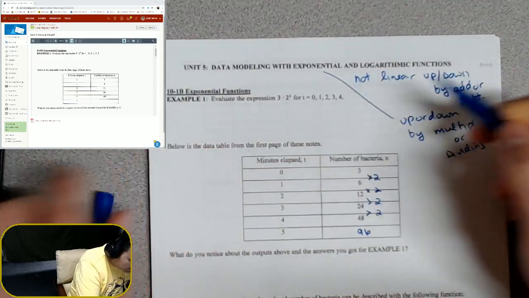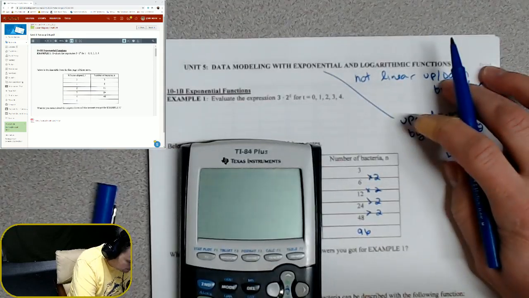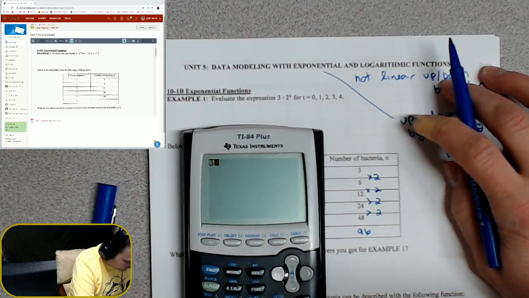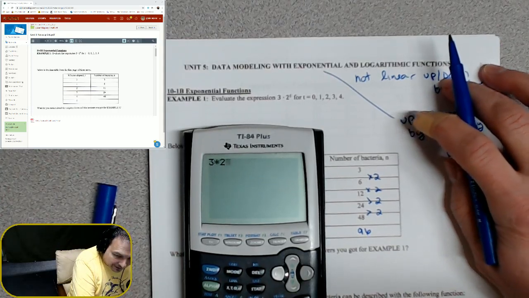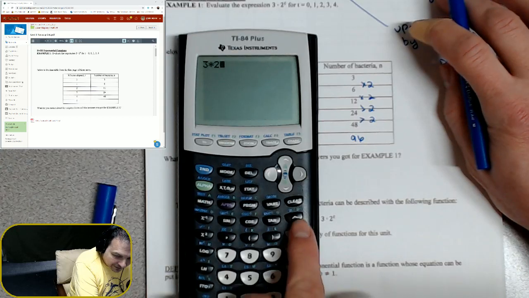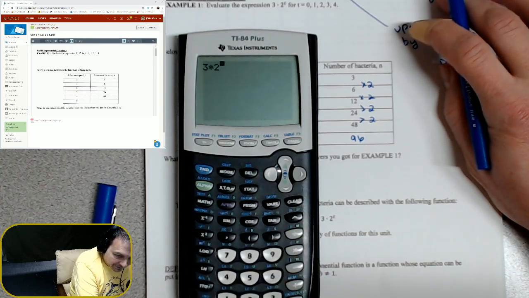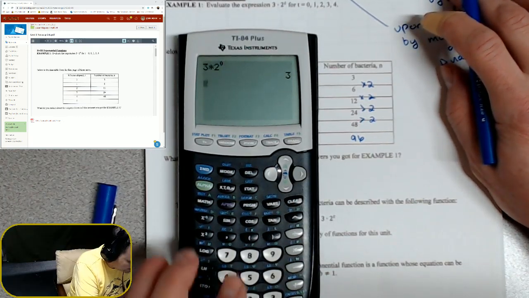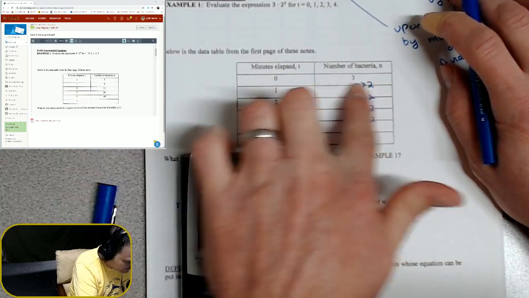So how do you evaluate it? Remember, you get your calculator out, and let's look where the buttons are, just reviewing from yesterday. 3 times 2, now you've got to look for the exponent button. Our exponent button is right there above the divide sign. That makes a little exponent, and to the 0, and the calculator says 3, exactly what our table said.